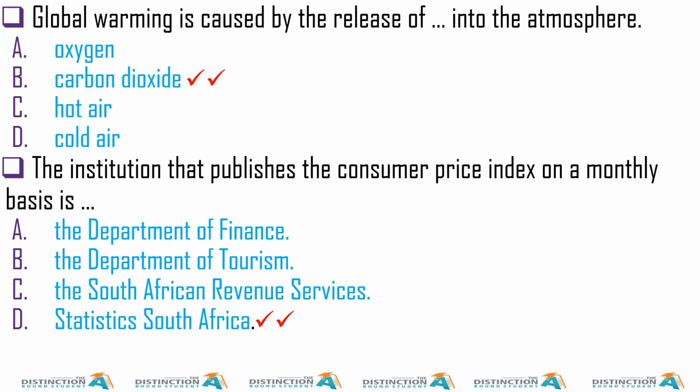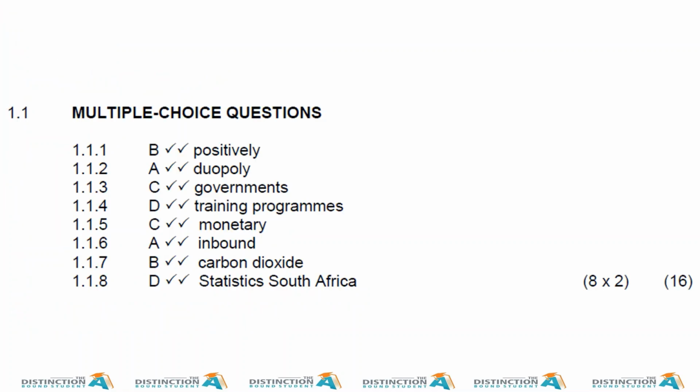They are responsible for our fiscal policy. Not Department of Tourism. I can't even talk about it because it makes no sense. It can be the South African Revenue Services because this institution is responsible for collecting tax on behalf of the Department of Finance or on behalf of the National Treasury, which is one thing. So our answer is simple, that's Stats SA.